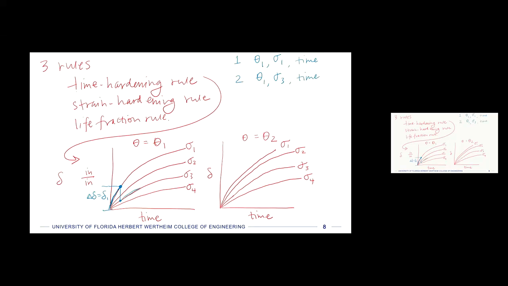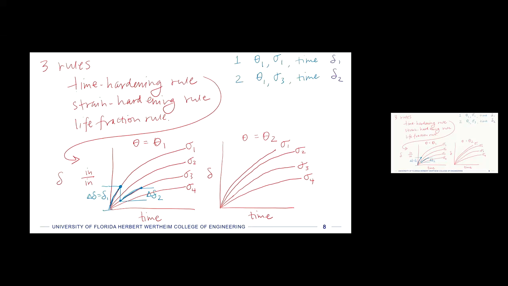We didn't go up quite as much as we did the first time, so we can look at what that change was and call that delta 2. So far, in the summary of our total strains, we've got delta 1 and delta 2 from these different situations, and we could add them up to see what our total strain will be.